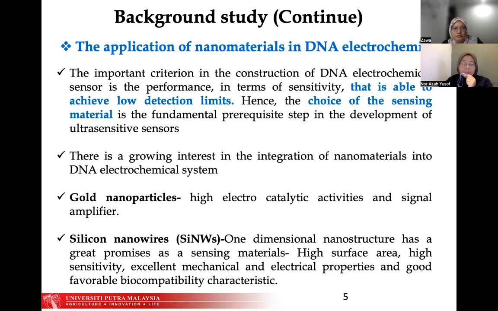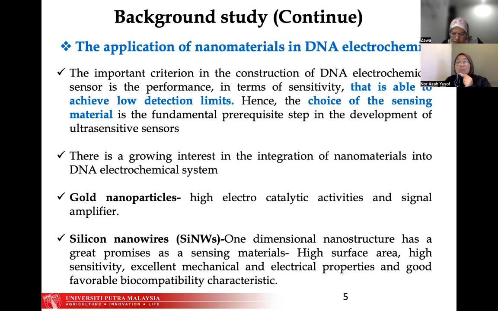So now you see that in order to improve the sensitivity, he proposed a few nanomaterials. So you can see the flow from general to more detail. Okay, and an introduction on the nanomaterial itself.